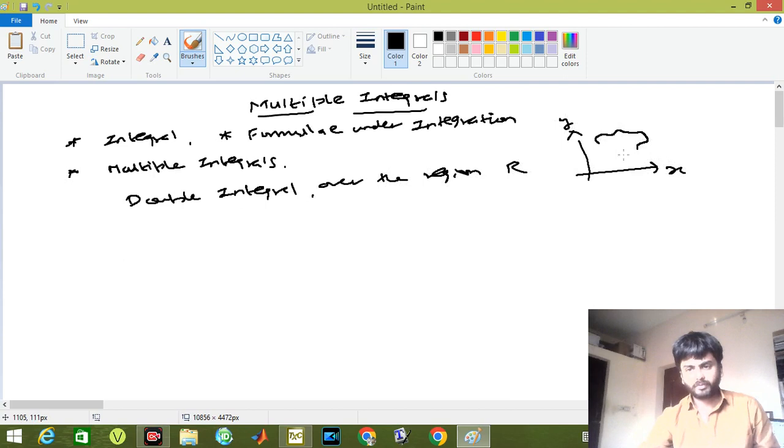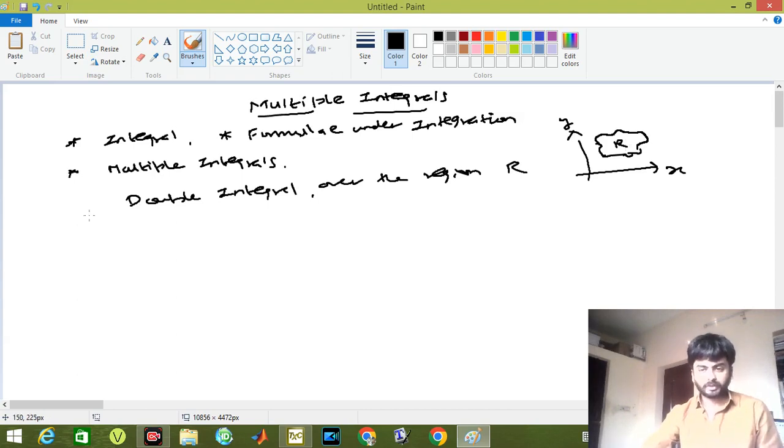I have some region here and this is R. Then I can evaluate the area of the region by using integration, by means of two successive integrations.